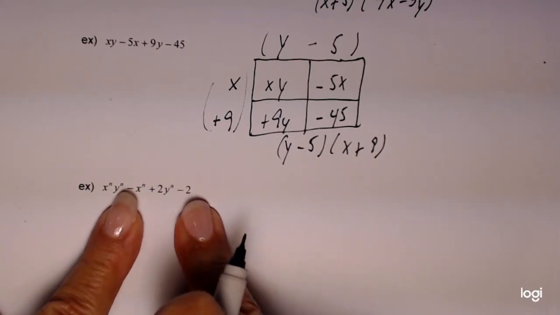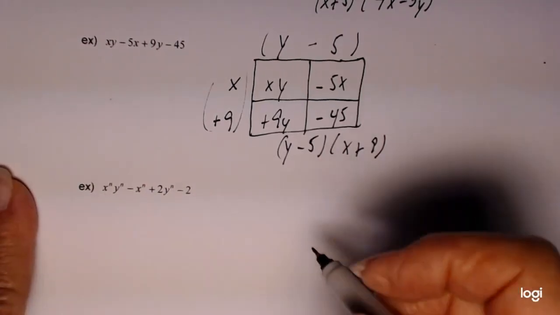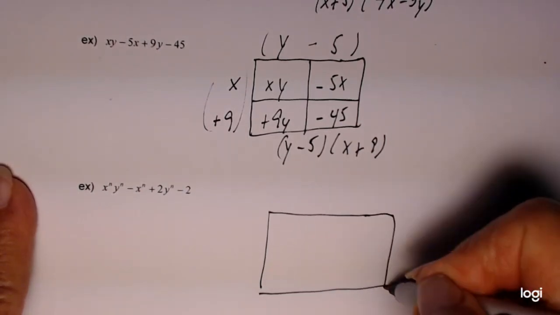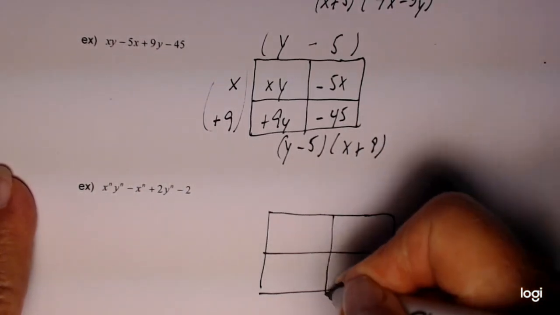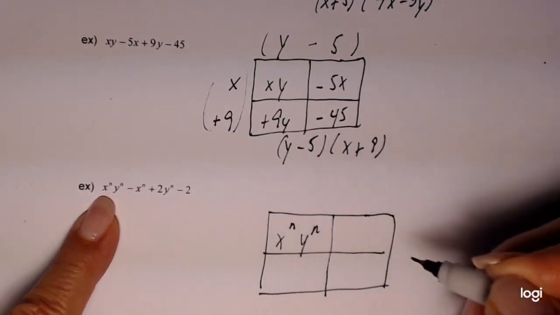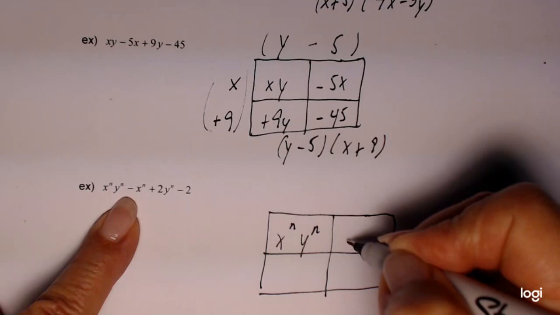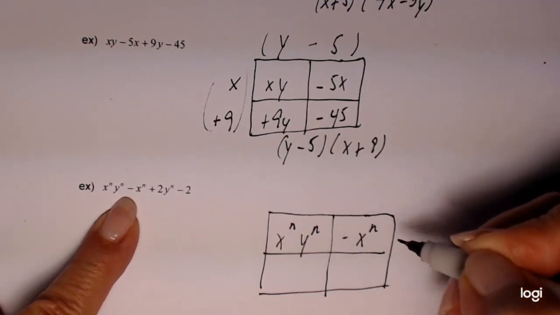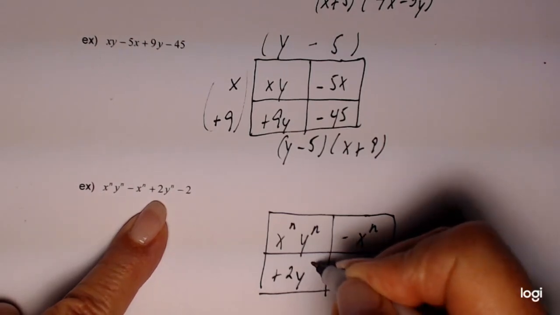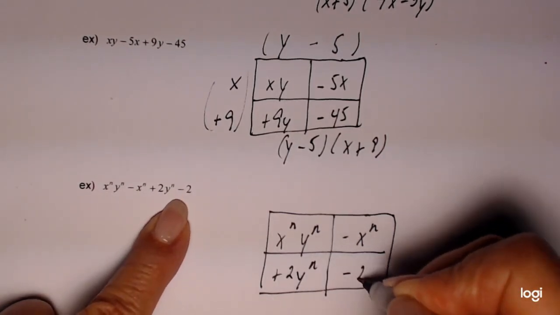So there is no greatest common factor to be pulled out. So we make the box. x to the n, y to the n sits there, minus x to the n, continuing, plus 2y to the n, and then finally minus 2.